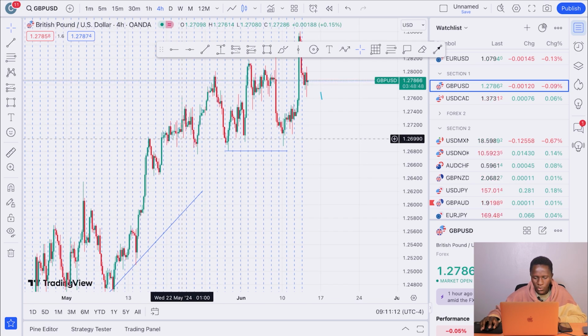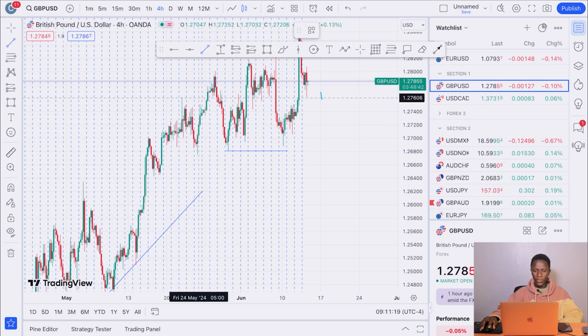To those who do smart money concept, you're going to get me better on this. So we are going to start by mapping out and knowing what the main thing is when we are finding the trend. First thing when you're mapping, you first have to know the trend. Where is the trend going?